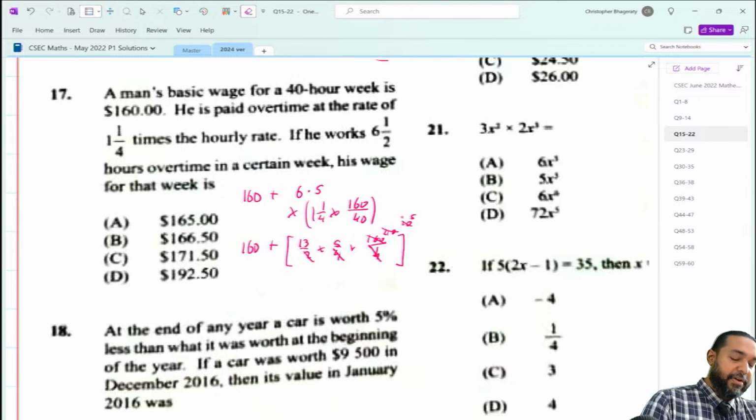Then we have 13 by 5, which is 65, over 2. So we get 192.5.